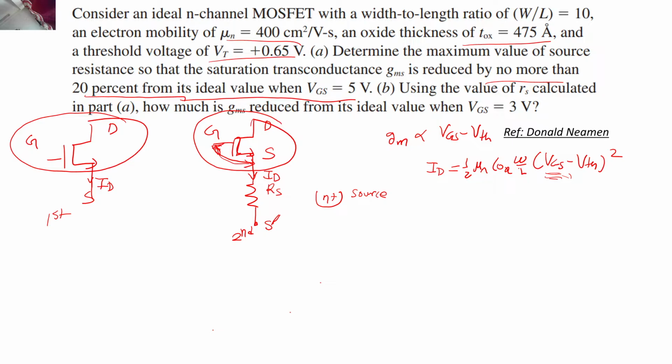So I hope the question is clear to you. Now I will ask you one question. Can you tell me in which case the VGS applied across the MOSFET will be higher, in case number one or in case number two? The current is flowing like this. You have a resistor here.